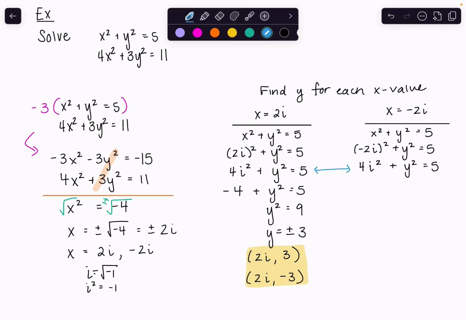These are exactly the same thing, so there is no reason for me to go through the exact same steps. You end up with y equals plus or minus 3. So we end up with two more solutions, negative 2i positive 3 and negative 2i negative 3.